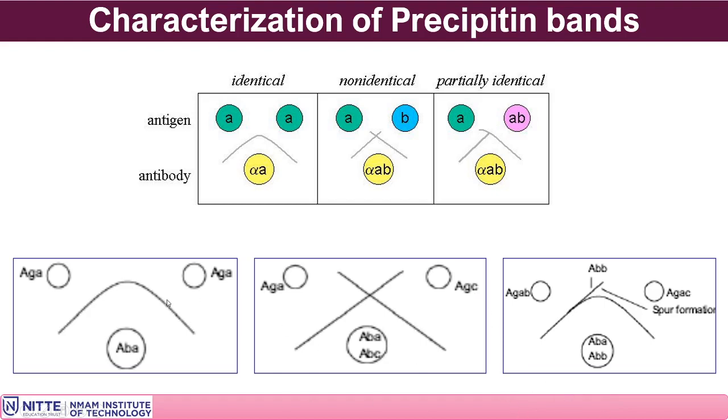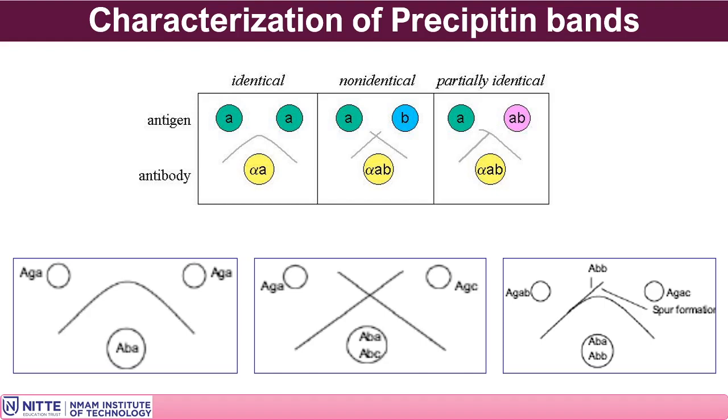One can see whether the antigens are related by the line of identity if it is a smooth curve. The line of non-identity shows that those antigens are not related to each other. They are different, their epitopes are different, their determinants are different corresponding to the antibody. And if they have a partial relationship, somewhat similar but slightly different, you can see the spur formation and that will give partial identity.